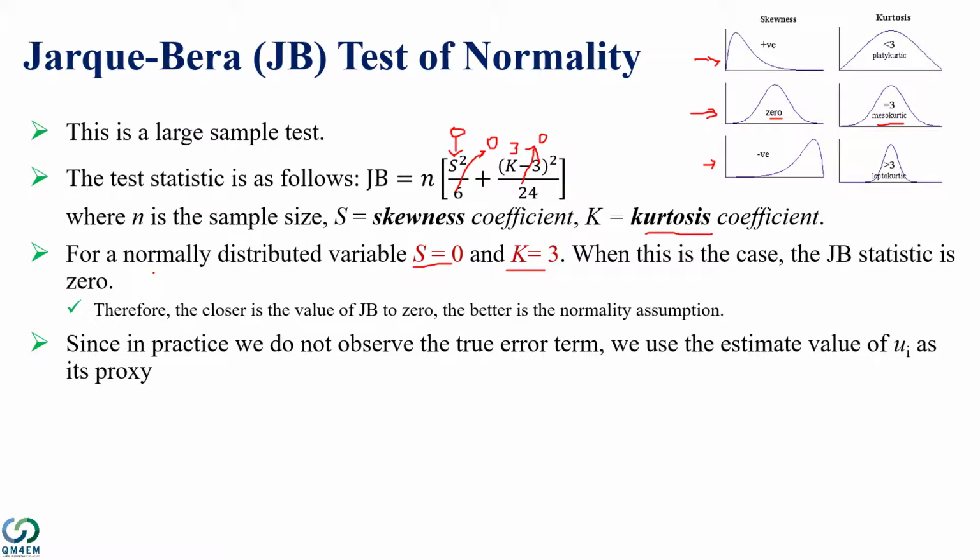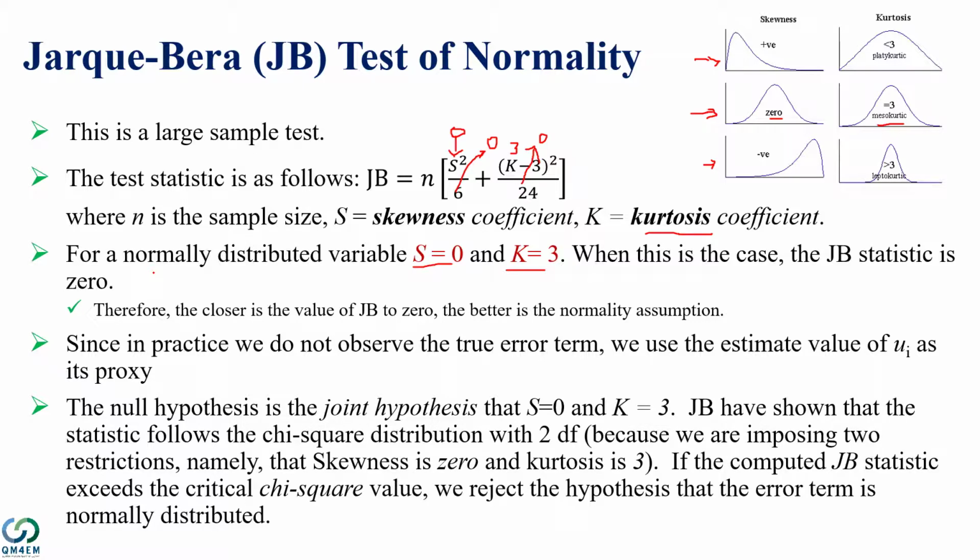So if we need to test whether the JB value is actually equal to 0 or not, we know from statisticians that JB values follow a chi-square distribution with 2 degrees of freedom. It's because there are 2 restrictions, that is, the skewness and kurtosis coefficients being set to 0 and 3 respectively.